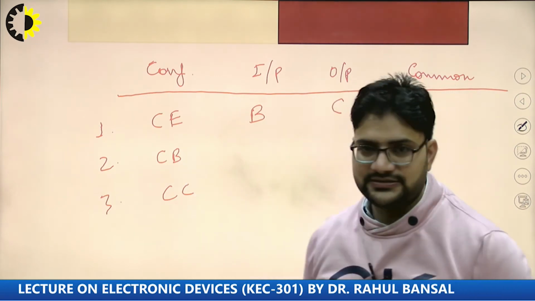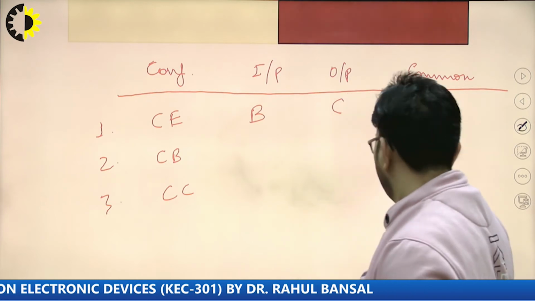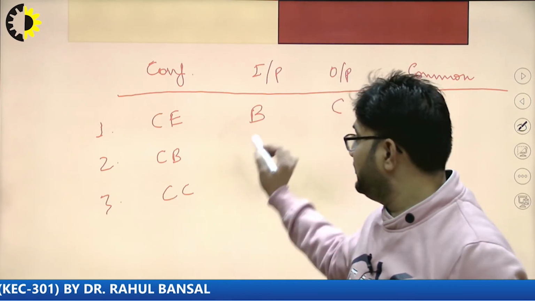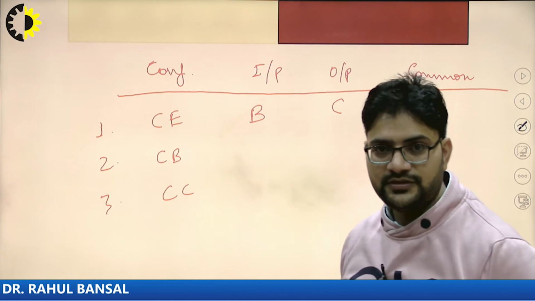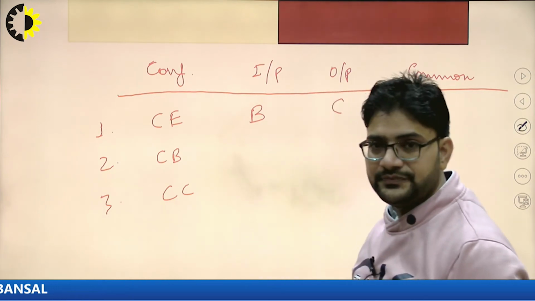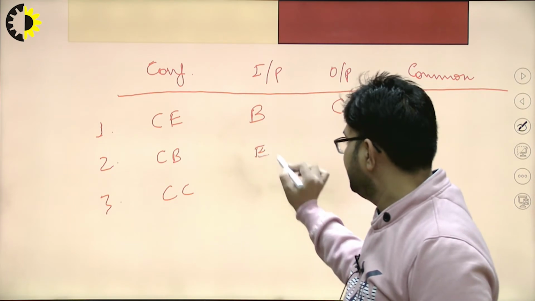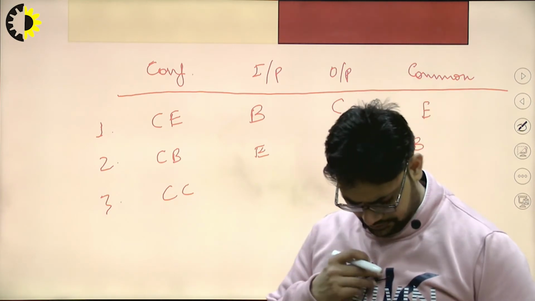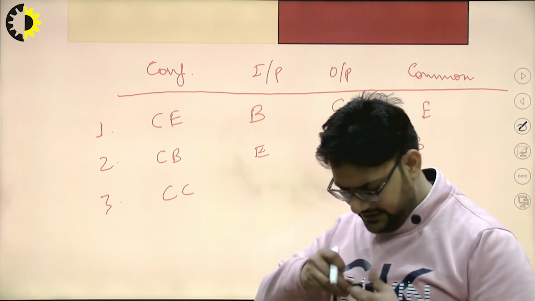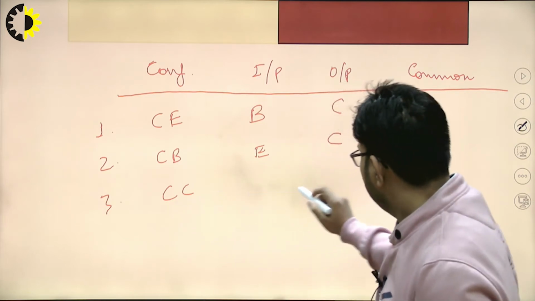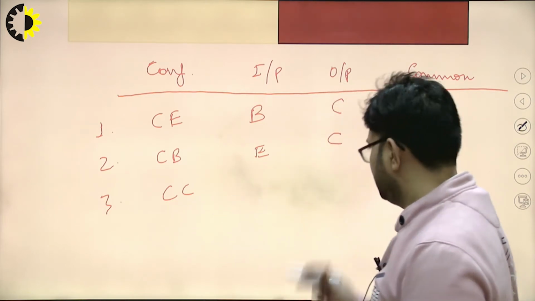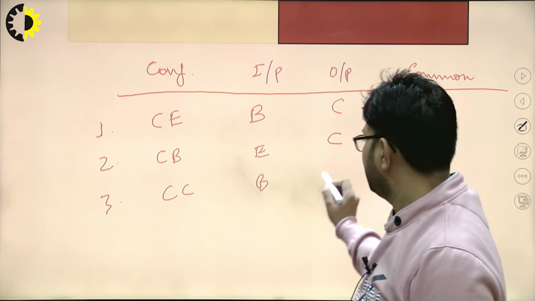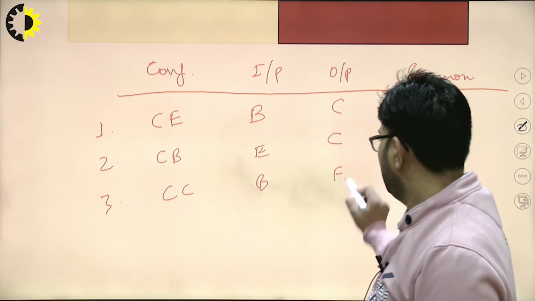Now for the common base, the common side will be base. Input will not be given at the base side because it is already common, so input will be given at the emitter side and output will be taken from the collector side. For the common collector, the common side will be collector, input will be given at the base side and output is taken from the emitter.